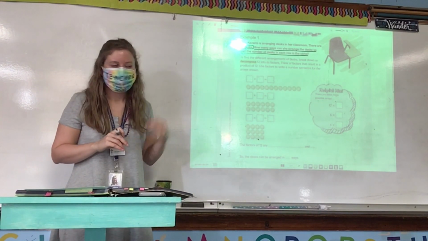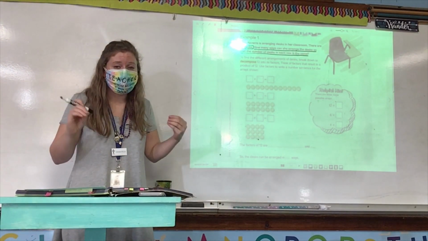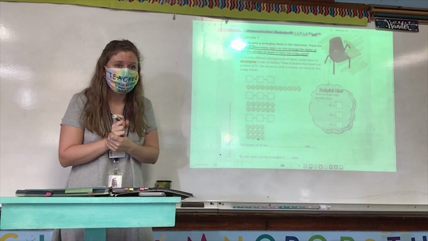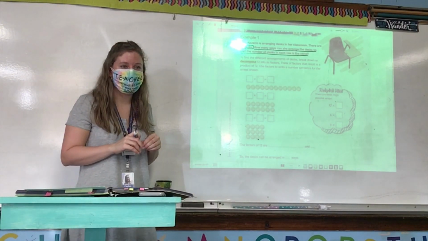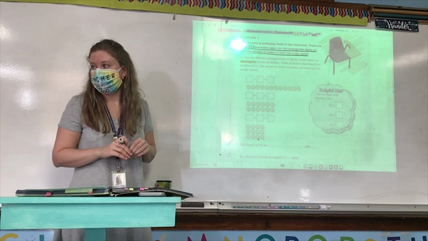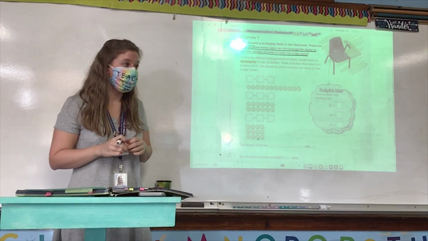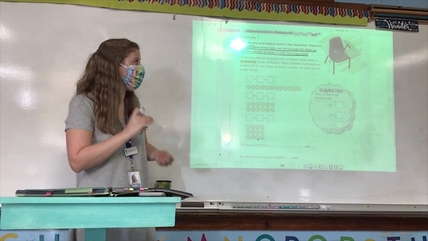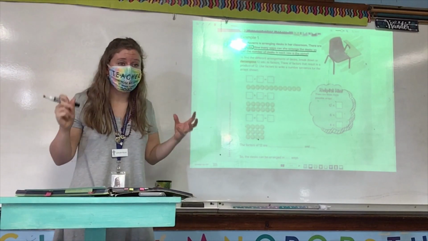No. Is the question asking us how many desks will be in each row? Zadie? No. So we're not really trying to figure out what do we multiply or divide 12 by.